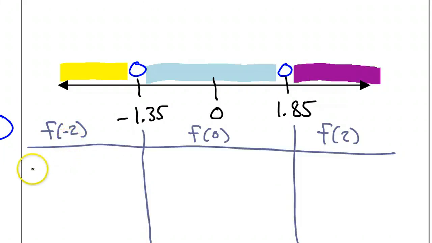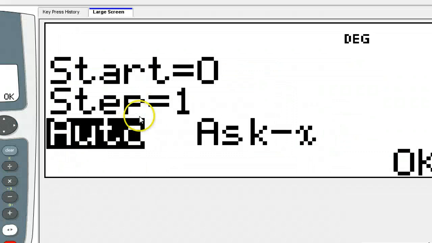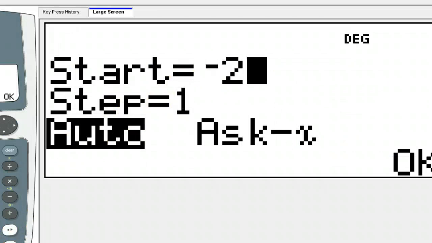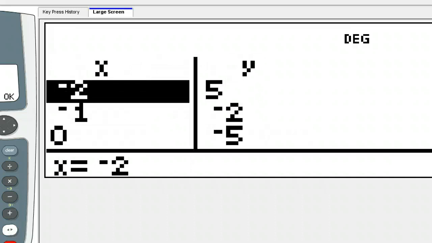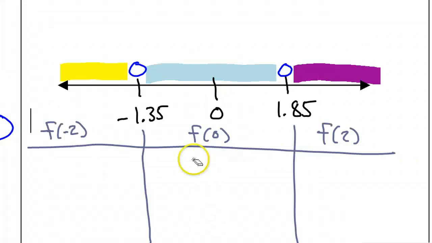That's what we want to find out. So we want to find f at -2. It's already right there, so let's start at -2. At -2, we have 5. The value is 5.